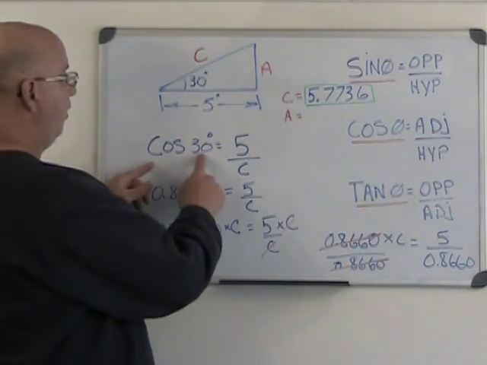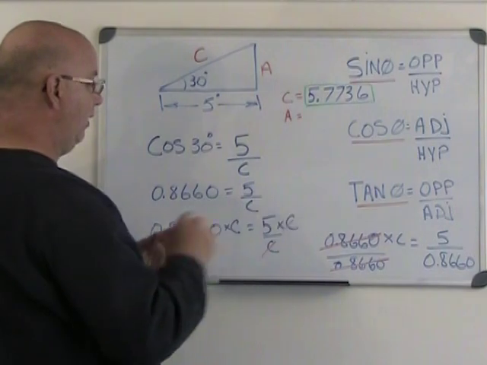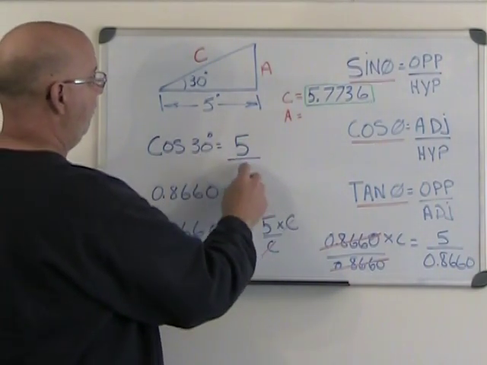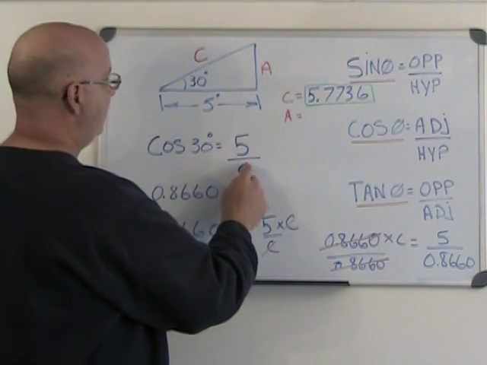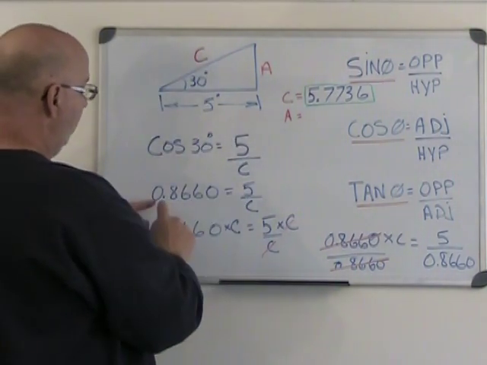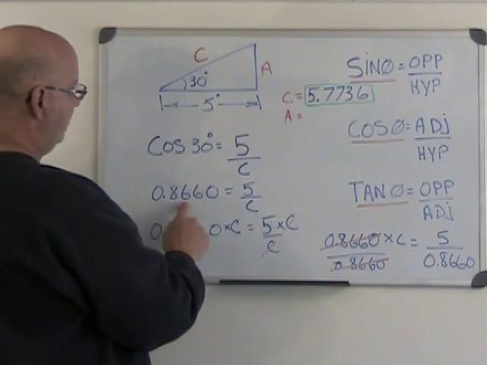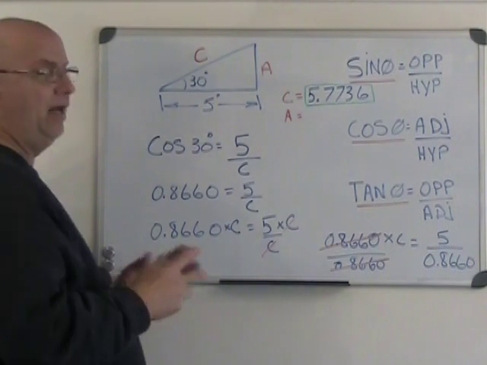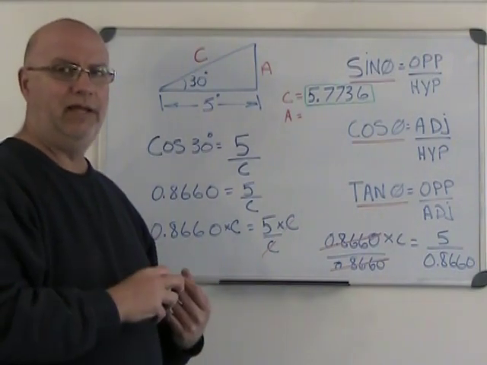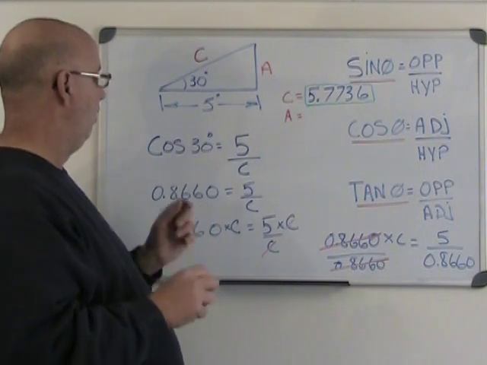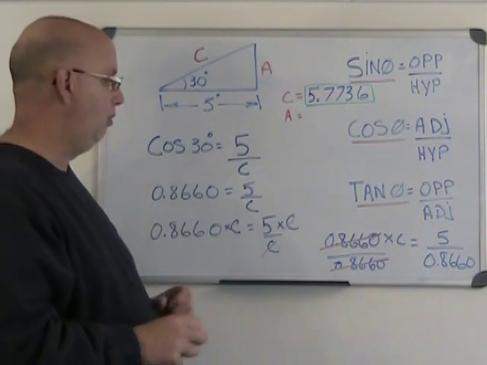So cos of 30 degrees, I type that into my little calculator, equals 5 divided by c, c being the hypotenuse. So cos of 30 gives us 0.8660 equals 5 over c. And now it's just like we did at the very beginning. All we want to do is isolate. I want to end up with my c all on its own.